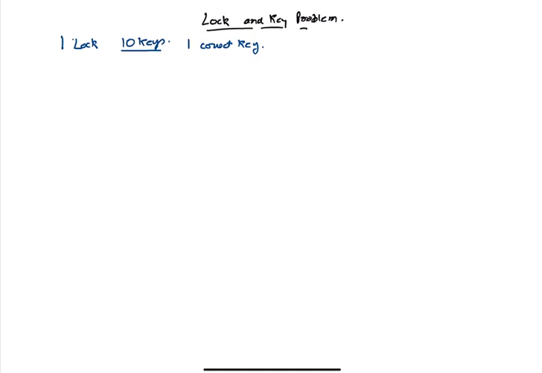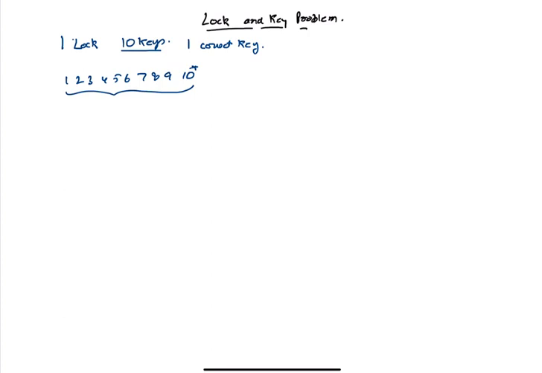So what's the sample space of this situation? We have 1, 2, 3, 4, 5, 6, 7, 8, 9, and 10 keys, and any one of them, let's say number 10, is the correct key. So what is the sample space?